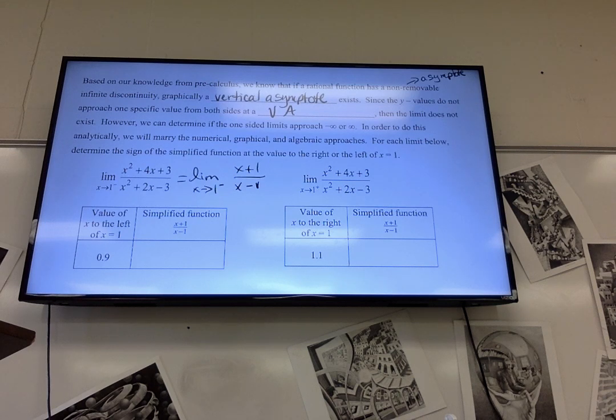I get something divided by 0. So what we need to do is not plug in 1. And here is where a calculator would be very necessary on filling out tables. So I'm going to pick a value that's slightly to the left of 1. And in this table, they've put 0.9.